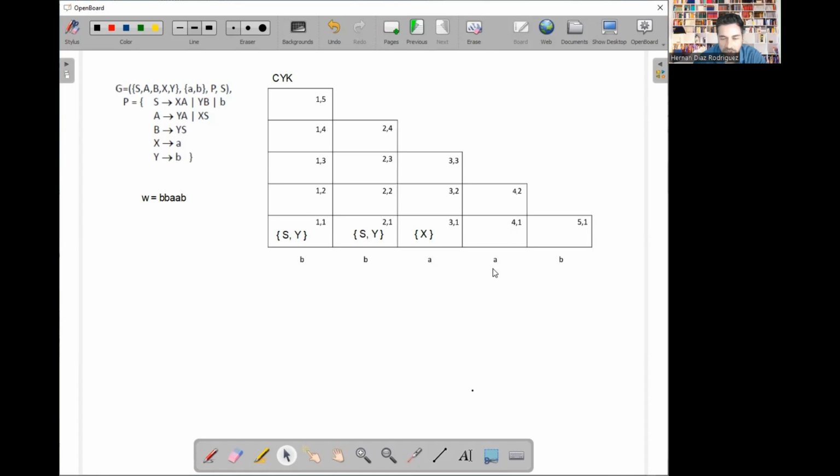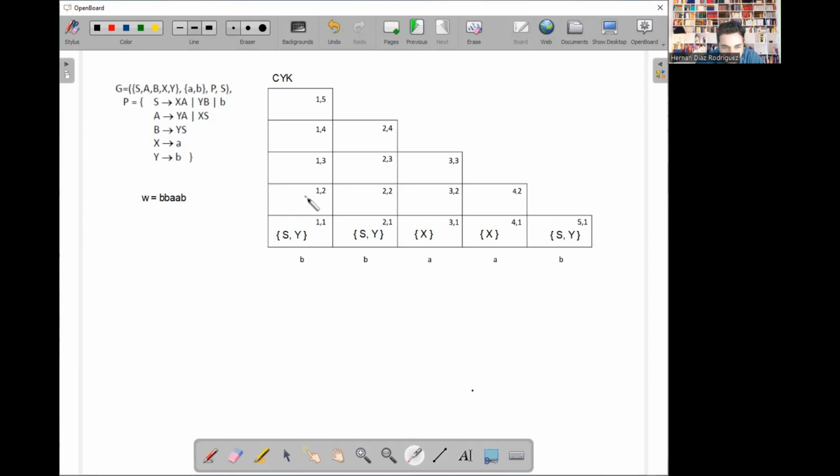In the fourth position, we have a lowercase a again. So this is the same as the previous one, right? The variable x is the only one that can generate lowercase a. And for the last position, we go to the fifth position in the word, take one character, and this is lowercase b. So again, it is s and y. Okay, so this is the easiest, the first row.